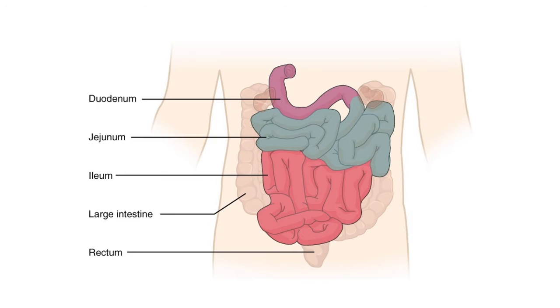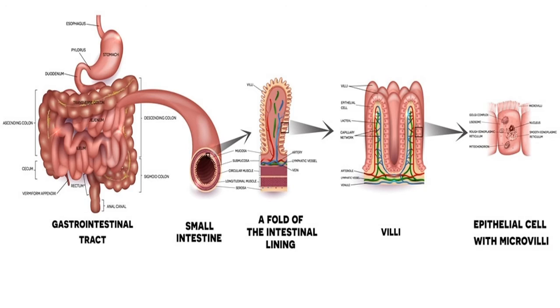Then grey color is jejunum, the middle part of small intestine, while the pink color denotes ileum, the posterior part of small intestine. So in short, we say small intestine consists of duodenum, jejunum and ileum. This slide shows a complete alimentary canal of mammal.